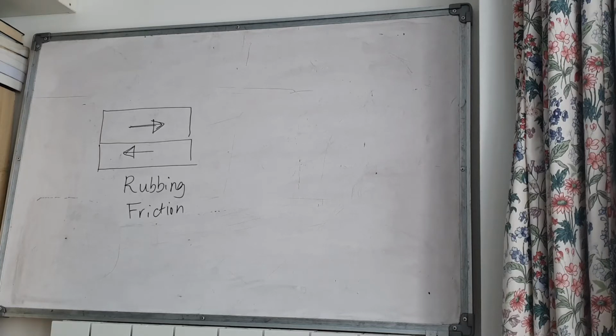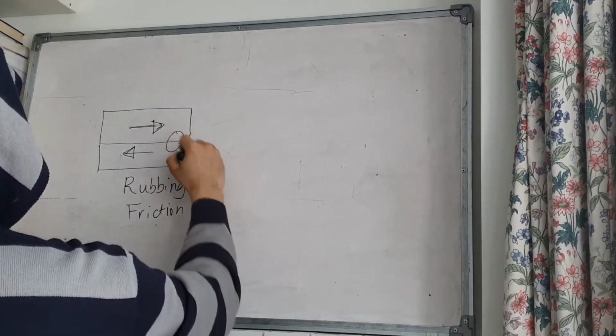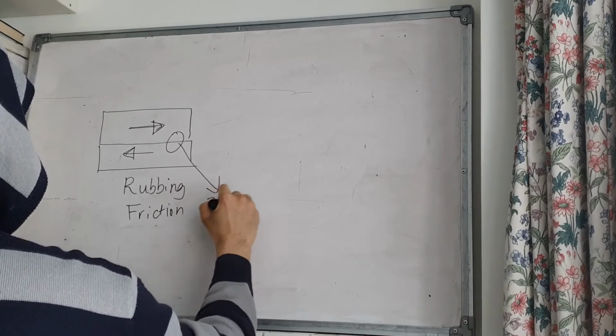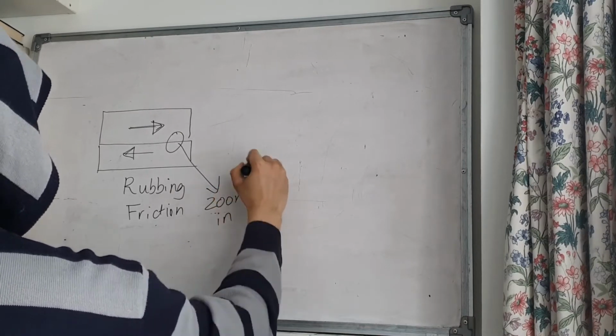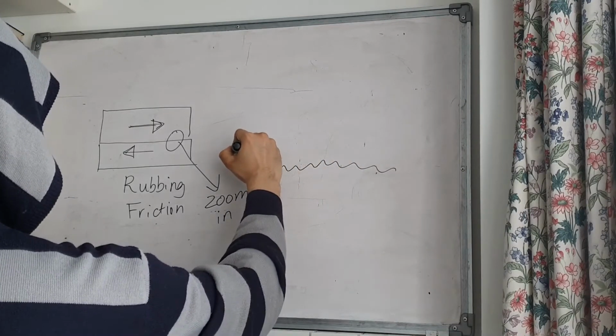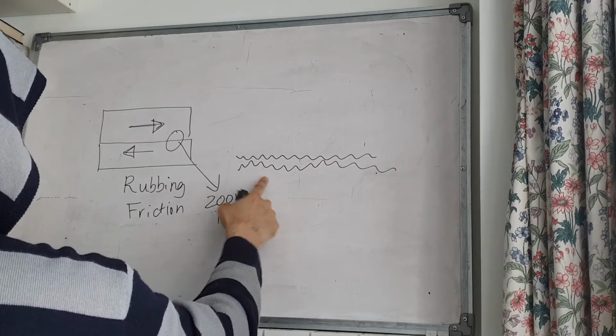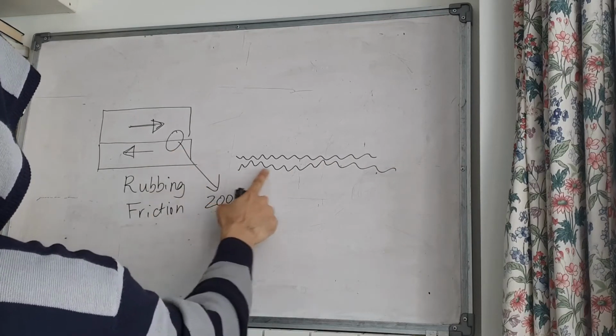Now, imagine if we zoom into a part of where the two objects meet. In actual fact, when you zoom in, you get these imperfections.